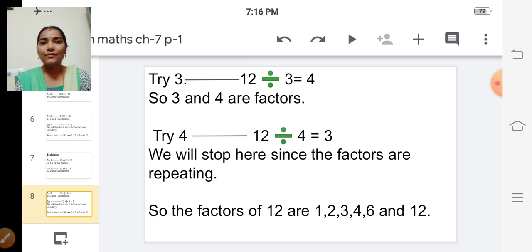If we find the factors by division, then we should get remainder 0. If we get remainder 0, then the quotient and divisor are the factors of the given number.